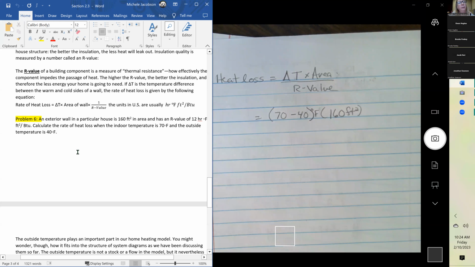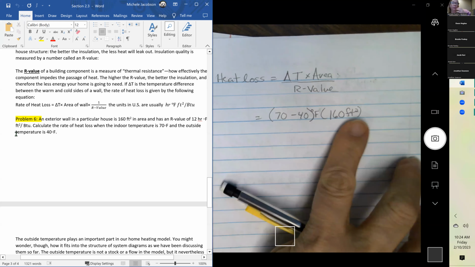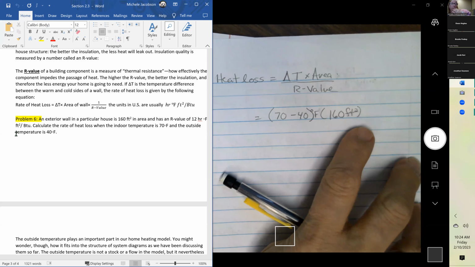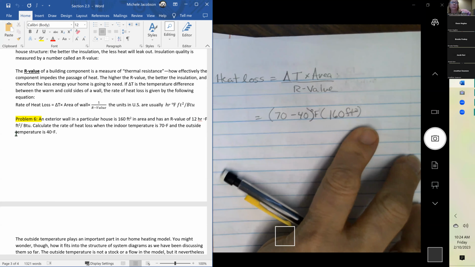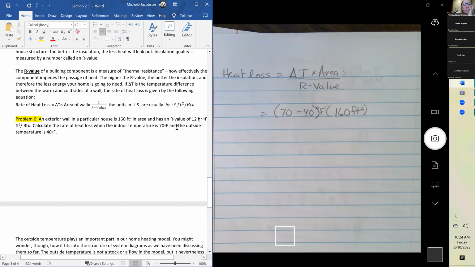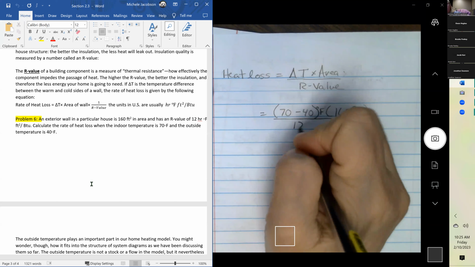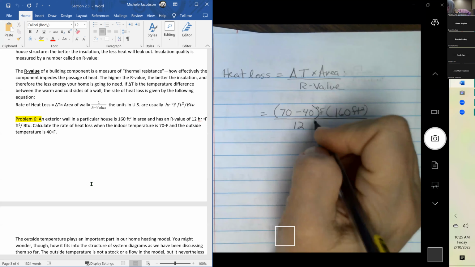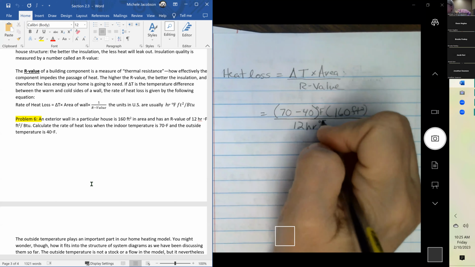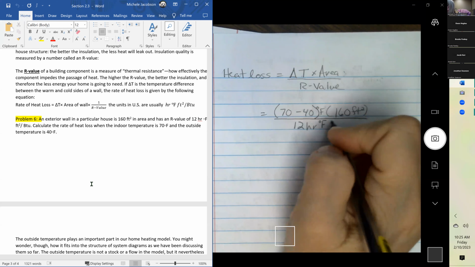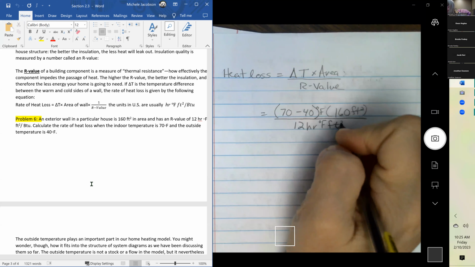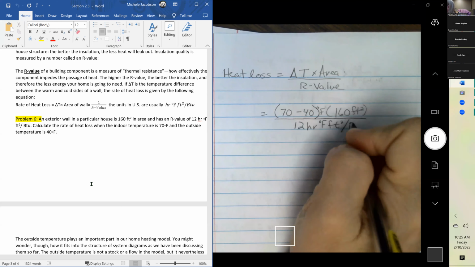Now, the units here, notice they are also feet squared. So if they gave us something else, we'd have to change units to feet squared. But since the R value is also in feet squared, it's 12 hours, degree Fahrenheit, feet squared per BTU.